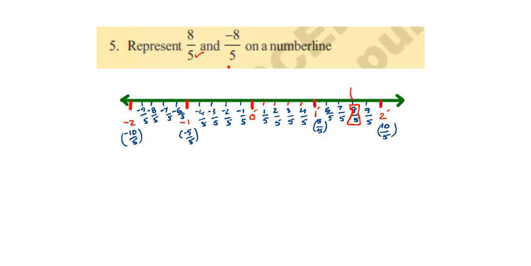On the left side of the 0, you may observe here also minus 8 by 5. Okay. In this way, we may represent the given rational numbers on the number line. Already, we have seen 5 by 3 and minus 5 by 3 in the previous section. Okay. Now we move to the next one, the sixth question.